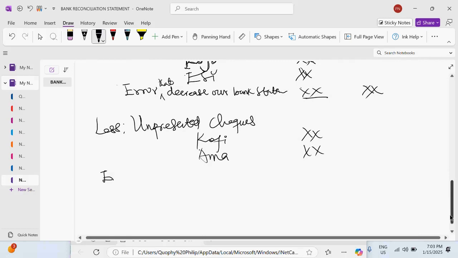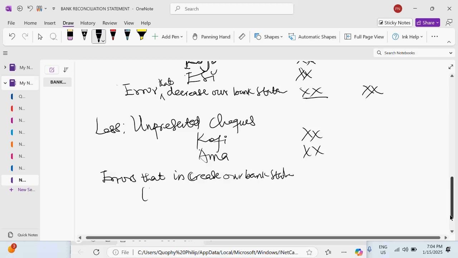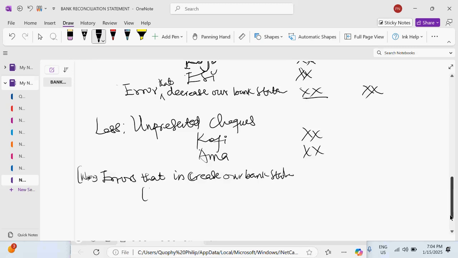And then if there are errors that increase our bank statement, that is basically the wrong credit, as someone might say. Wrong credit means we are increasing the bank statement. And this one is also wrong debit. Wrong debit and then wrong credit.